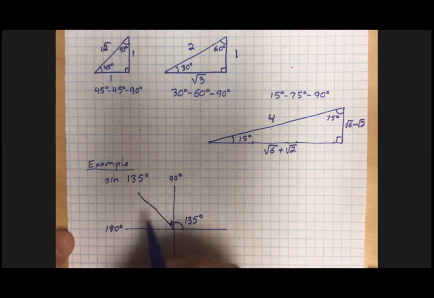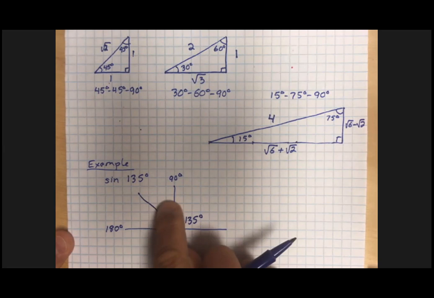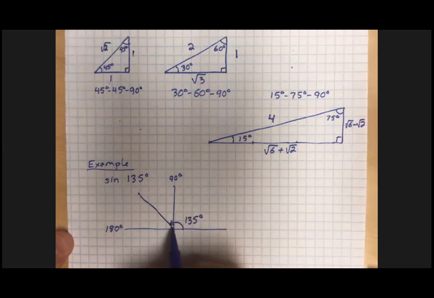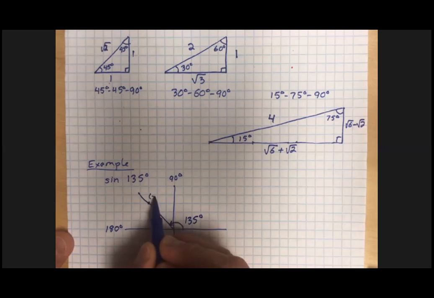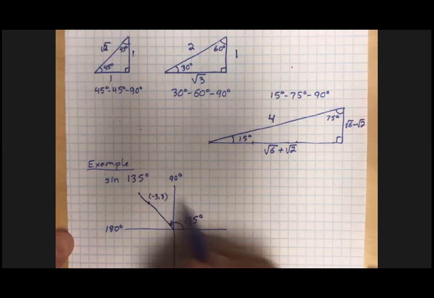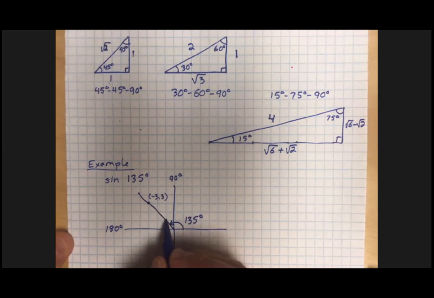What's the sine of 135 degrees? Well, just think about a point on this angle. And X and Y have got the same size here. Like this is like -3 and +3. That's one point. How about -1 and +1? That's another point.